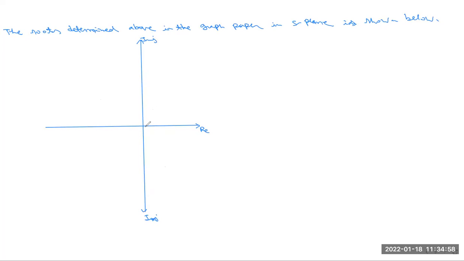In this case, we have to put the different values. First, this is the center point, and the value here is equal to 0. Then this is the required point, that is -1.